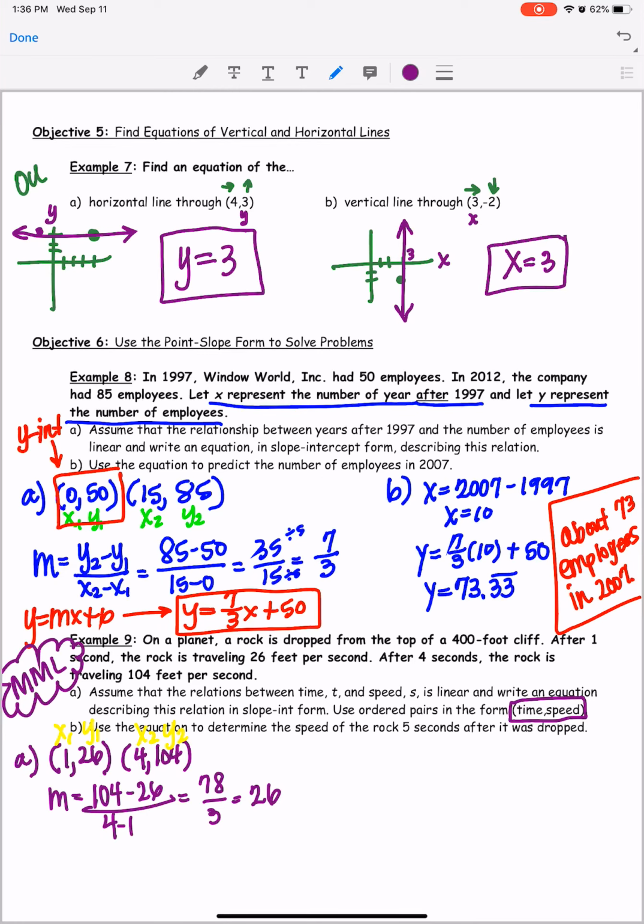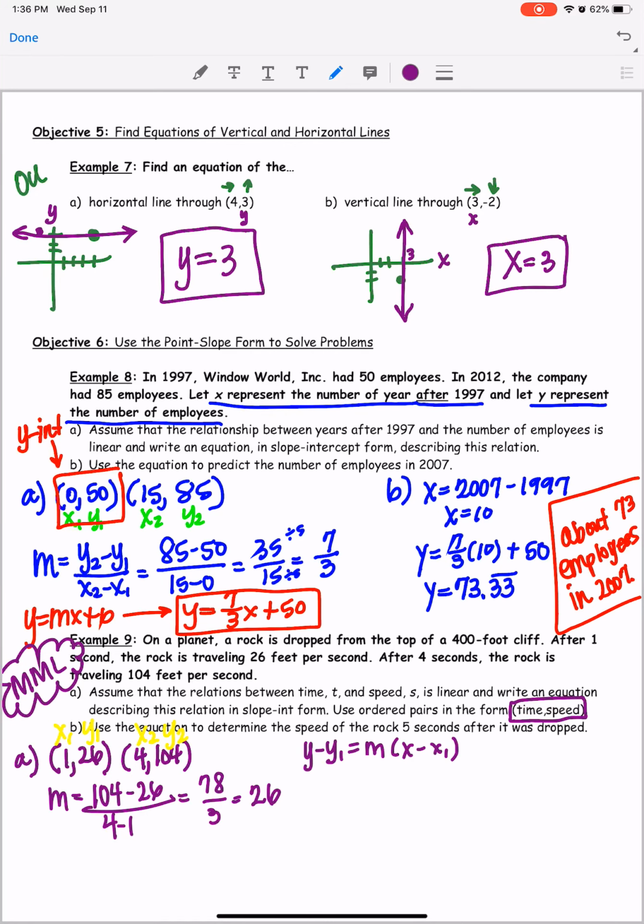Now, unfortunately, this one does not have a y-intercept. I don't have a 0, a number. So on this one, we have to use point-slope formula. Point-slope formula is that y minus y1 equals m times x minus x1.